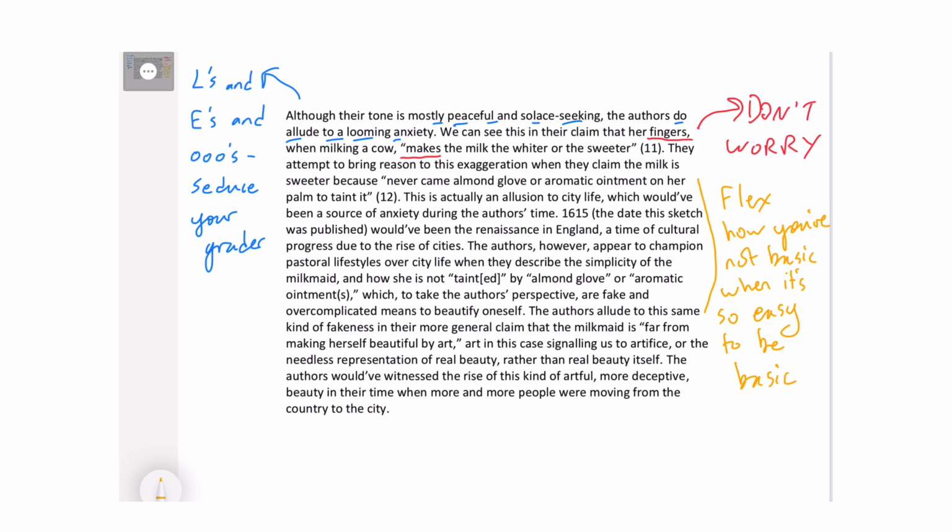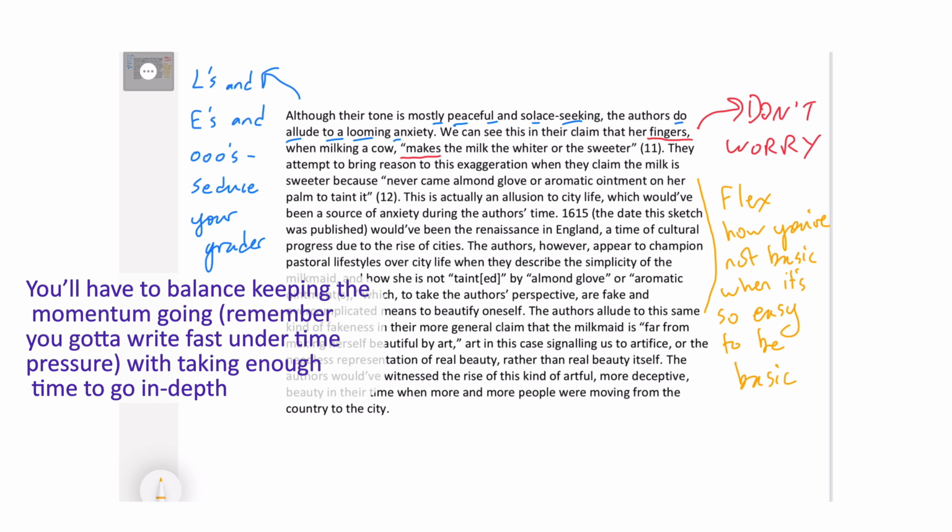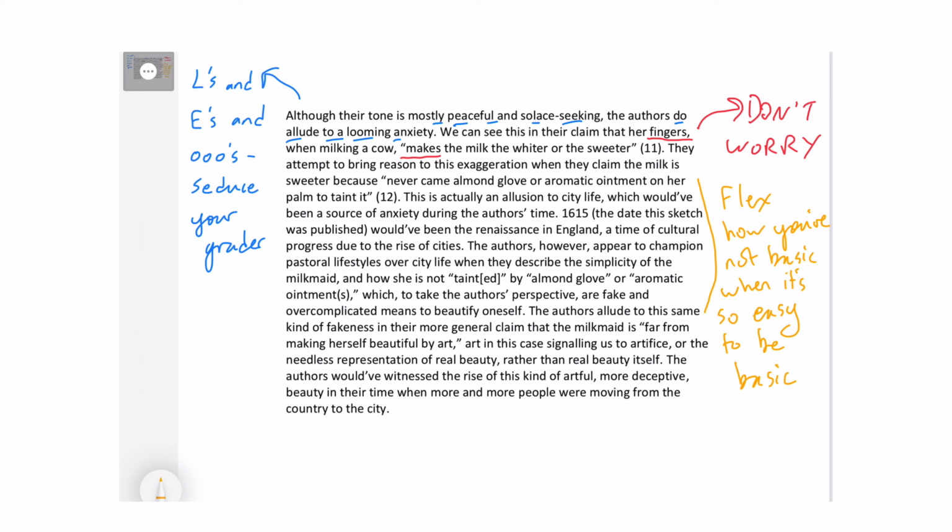The other is, this will often happen, in the middle section where the analysis is really taking place. You might feel when you're rereading it like, uh-oh, I feel like I could have gone a bit deeper, or I don't know if I've established the connection between almond gloves and aromatic ointments and city life. Uh-oh, I'm worried I haven't quite established that connection.